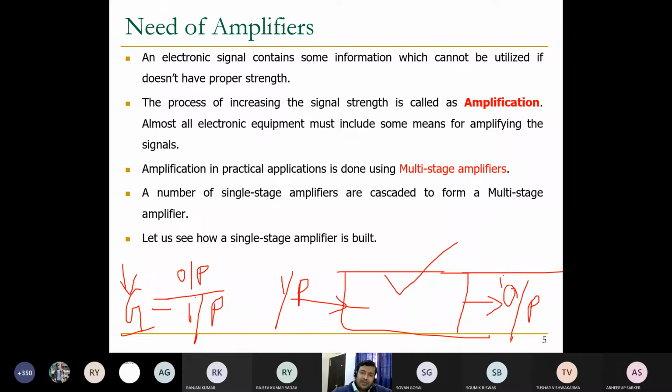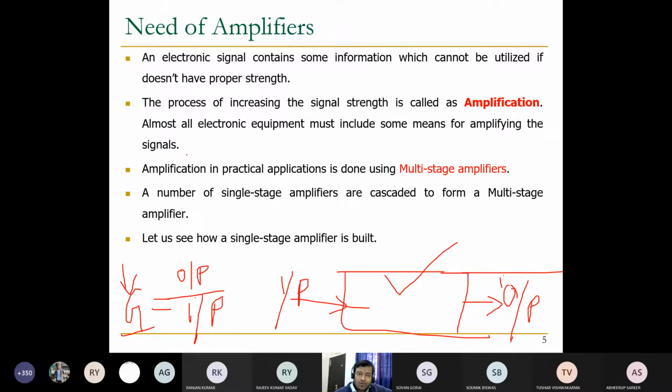Then you can send it to the fabrication lab after following a couple of steps. Then the fabrication lab will fabricate your design, and finally you will get this type of chip or IC or device.